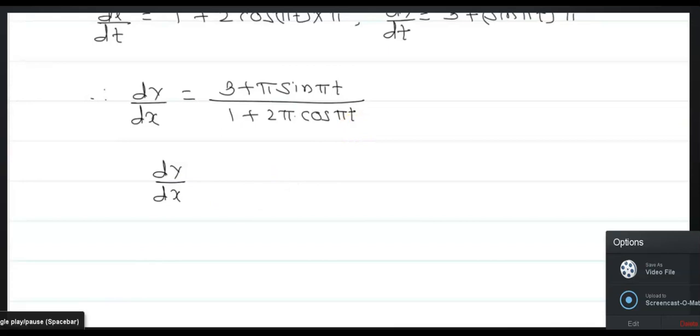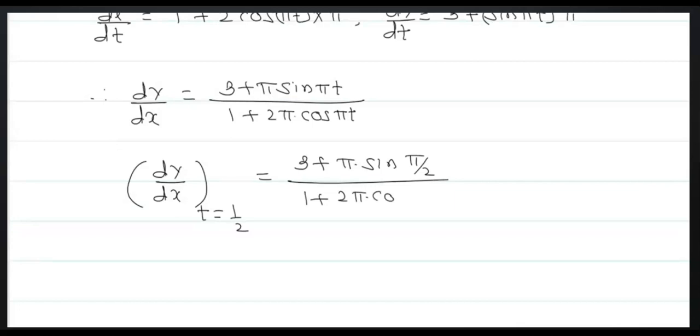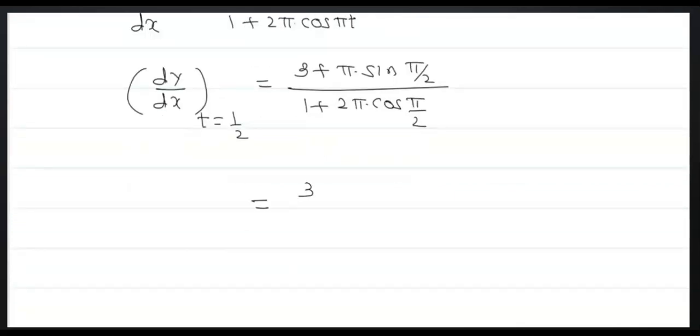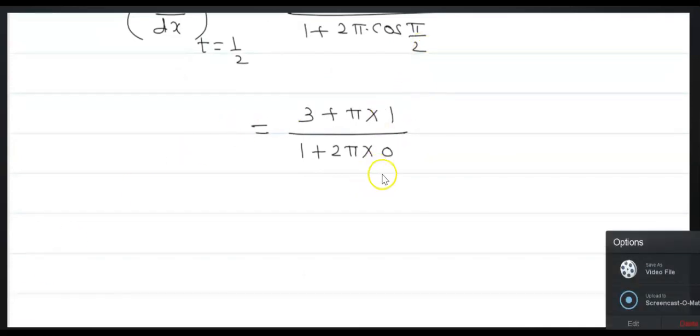Now see this answer. That is 3 plus pi sine of pi by 2 upon 1 plus 2 pi cos of pi by 2. That is 3 plus pi, sine of 90 is 1, and 1 plus 2 pi, the cos of pi by 2 becomes 0.